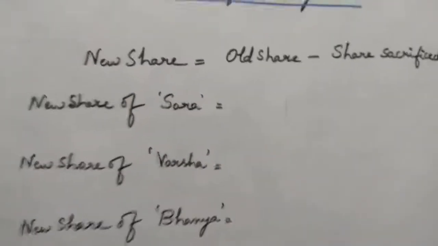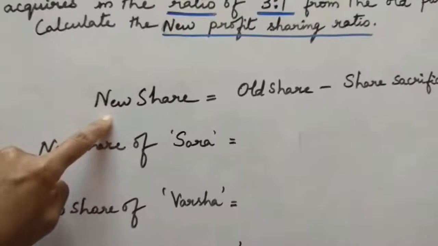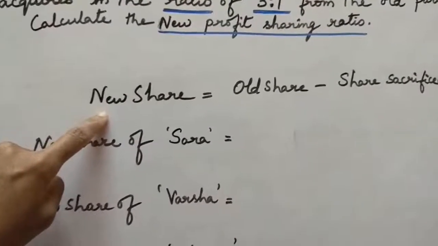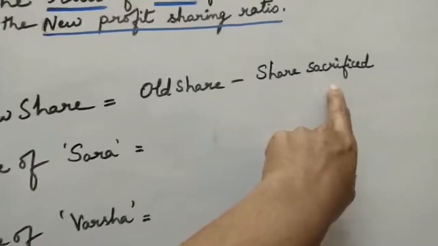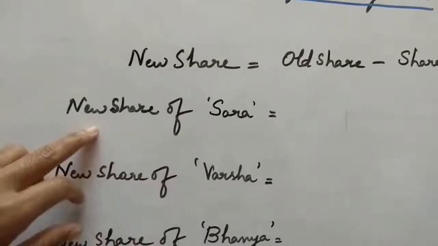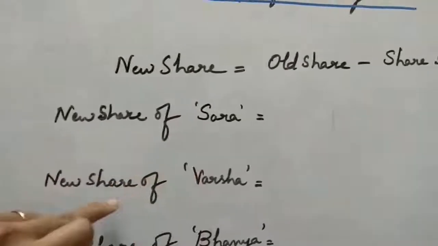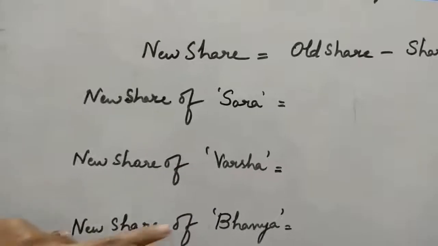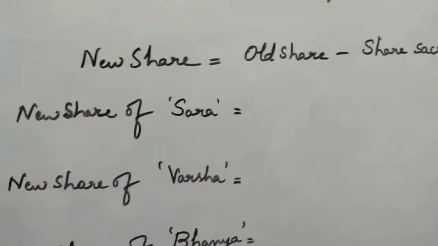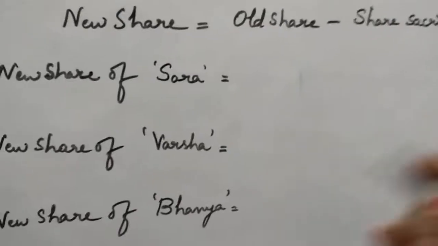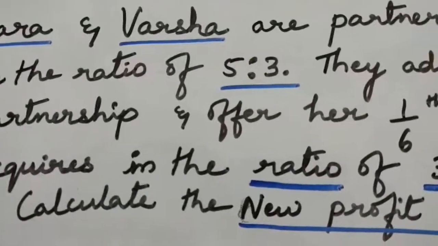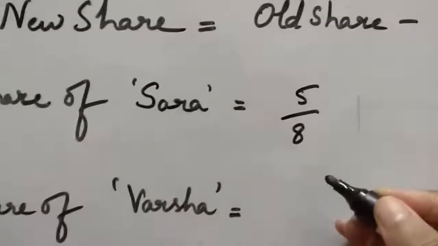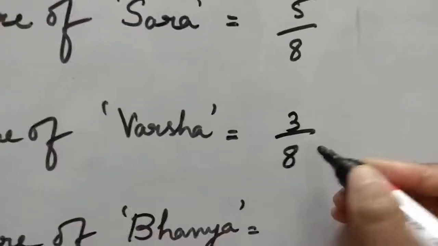Now, coming to the last calculation, finding out the new profit sharing ratio. The new share formula is old share minus share sacrificed. So now we are going to go for the new share of Sarah, new share of Varsha, and new share of Bhavya. The first partner Sarah, the old share is 5:3, in the sense 5/8, the total is 8. So 5/8 and Varsha is 3/8.